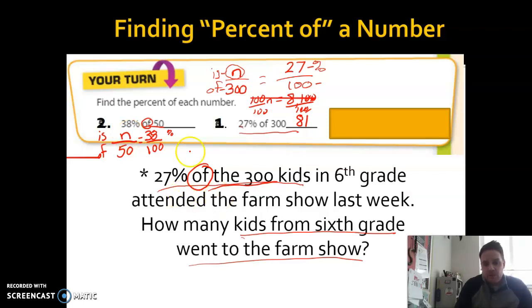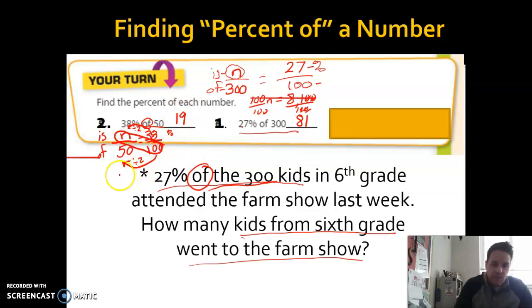If I was doing this, I might say, ooh, well, I see 100 divided by 2 would give me 50. So I'm going to do 38 divided by 2, and that would give me 19, right? So I know the answer was 19. Or I could cross multiply.